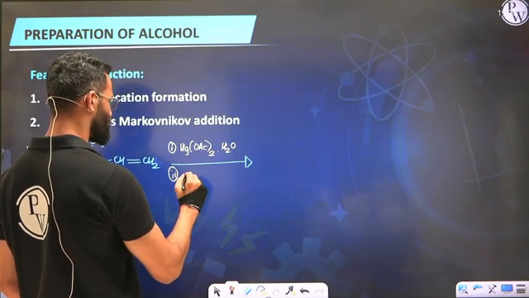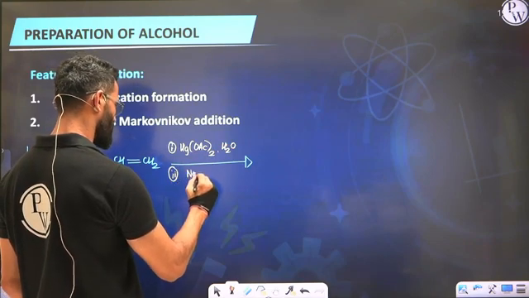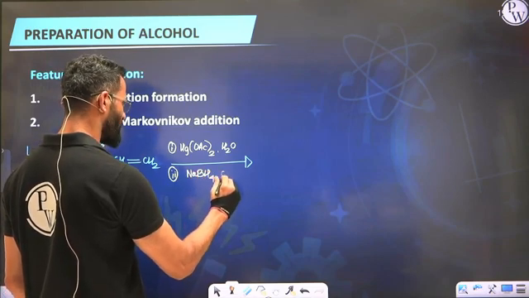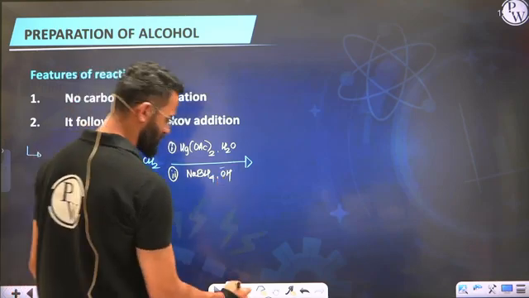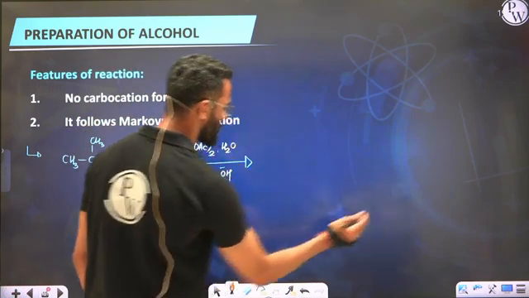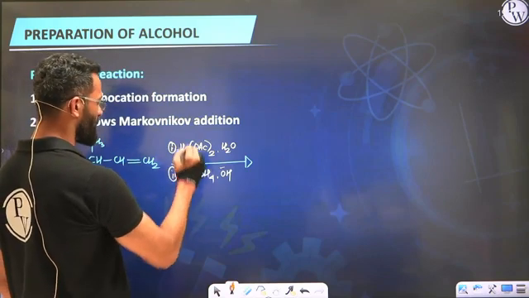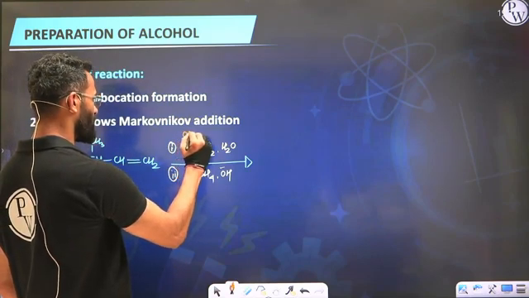Number 2 is reaction with sodium borohydride in an alkaline condition. First of all, the moment you see the conditions mentioned over here, oxymercuration and then demercuration, identify that the reaction is OMDM.